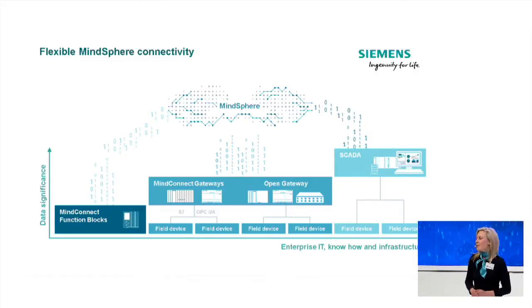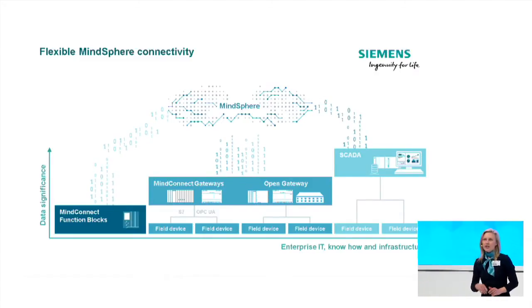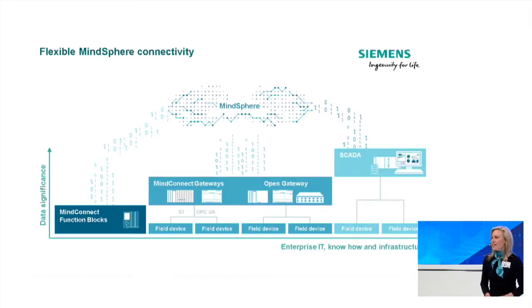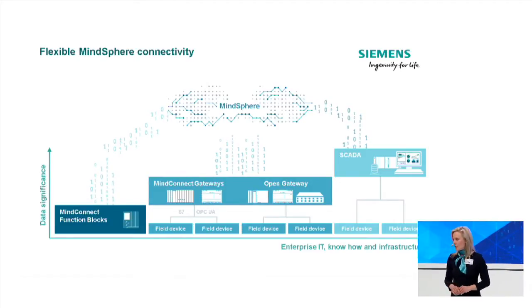It means that you have the opportunity to use the data, making big data, and generate smart data out of it. The value of the data is increasing along the horizontal and the vertical path up to the MindSphere. Our approach is to transfer only relevant data for our end users to the MindSphere.